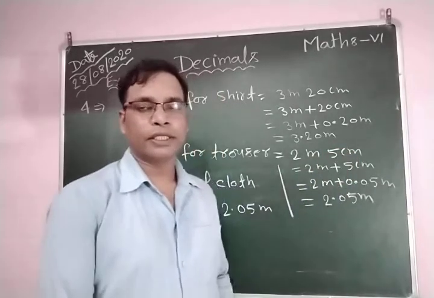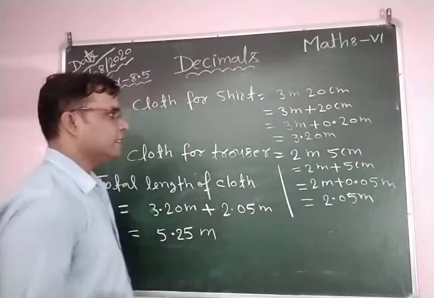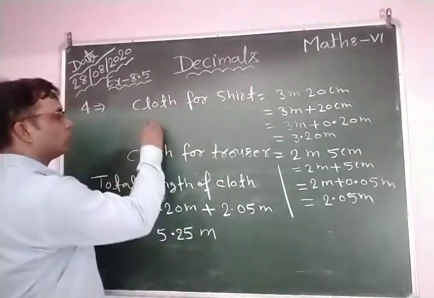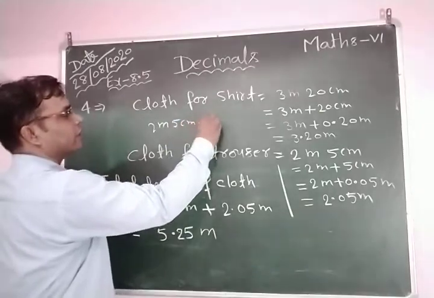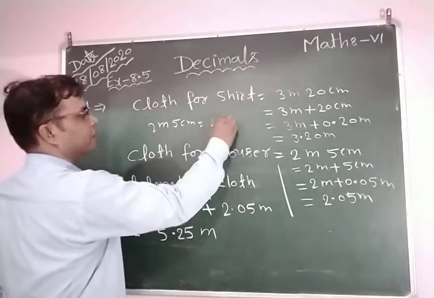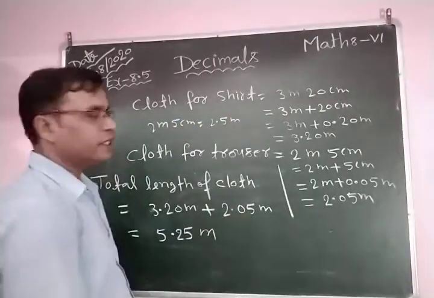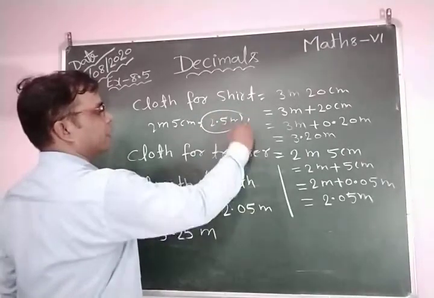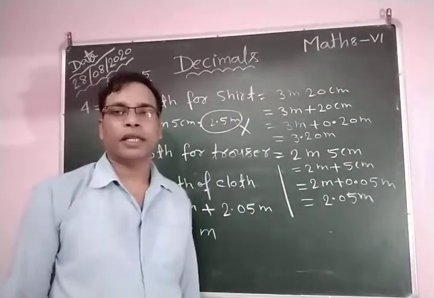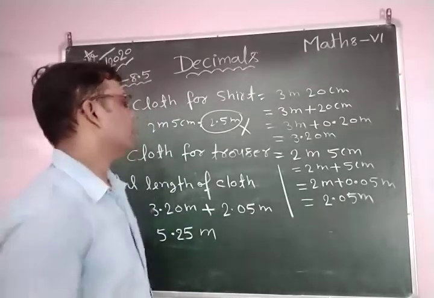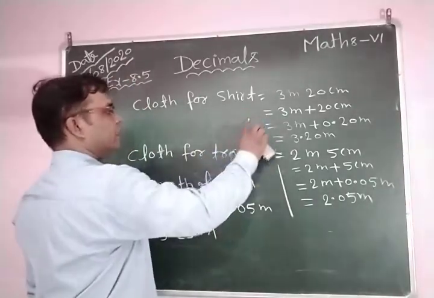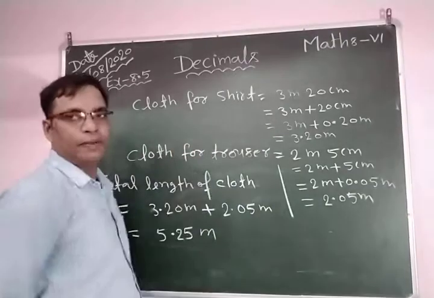Here again you can see 5 centimeters. Sometimes students in the examination write 2 meter 5 centimeter like this, 2.5 meter. This is not correct. This is wrong. In this way your answer will be wrong, and you lose your marks in the examination. So change it very carefully.